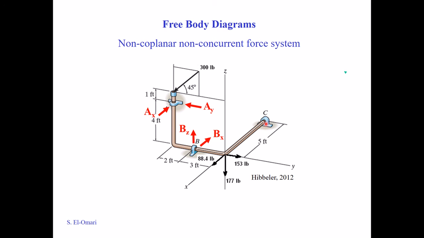The same thing at point C. It will not prevent motion along the x-axis, so you don't place X. It will prevent along the y-axis, and it will prevent along the z-axis. So this becomes the free body diagram showing the support reactions at the three supports A, B, and C. This is considered in 3D.